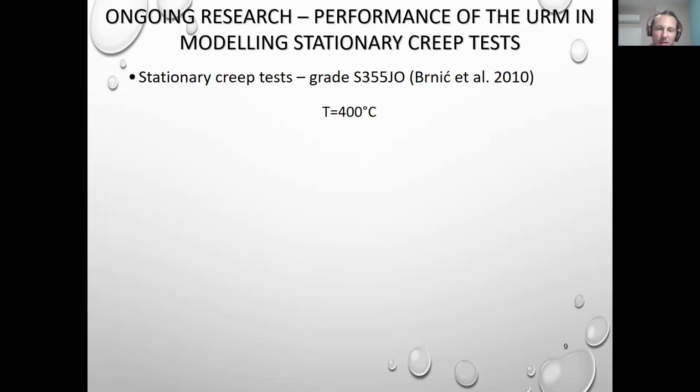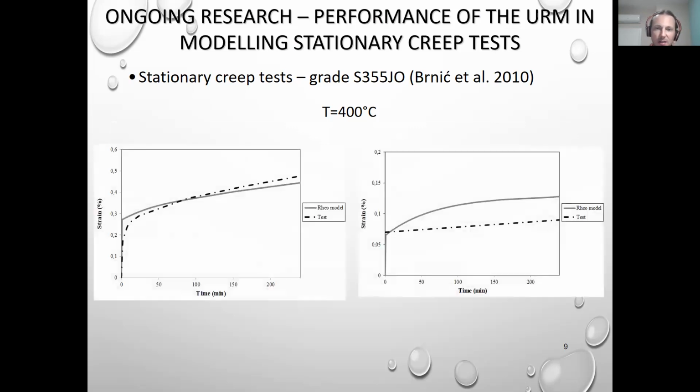These are the results presented for another grade, the grade S355, and the results are presented for a temperature of 400 degrees as well. We can see that the model can provide a reasonable strain output, which is comparable to the strain developed at stationary creep tests for this particular steel alloy.